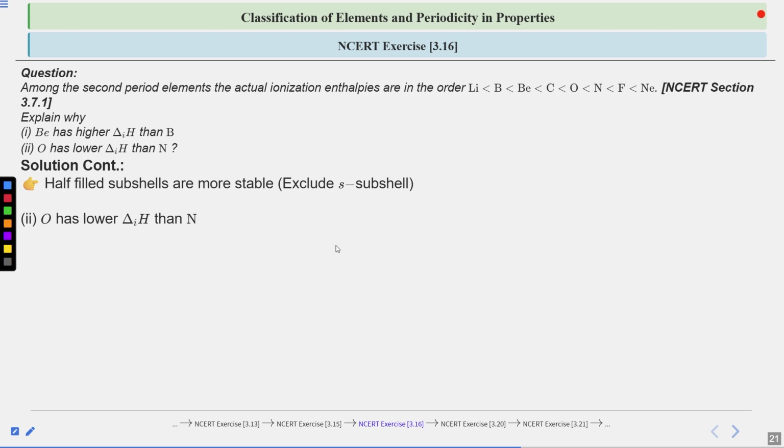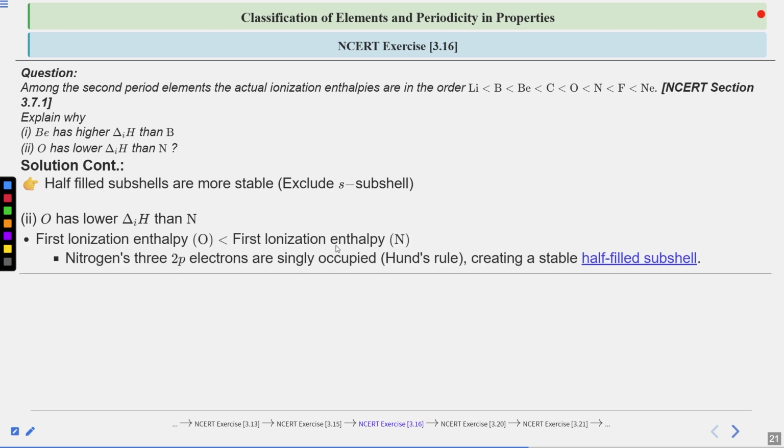So oxygen has a lower ionization enthalpy than nitrogen, although oxygen comes after nitrogen. You can see the periodic table for that. But due to the half-filled p subshell, which is specifically the 2p subshell of nitrogen, it is more stabilized and hence we require more energy to take out the electron from the nitrogen atom as compared to the oxygen atom. I guess these two anomalies are clear to you in terms of the fundamentals. So it is very, very important to understand the difference between these two.